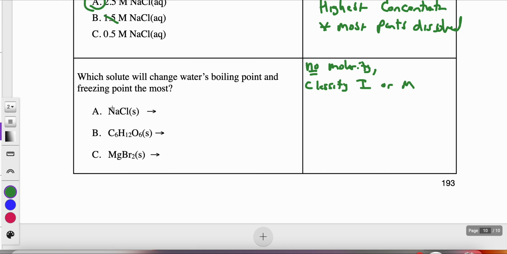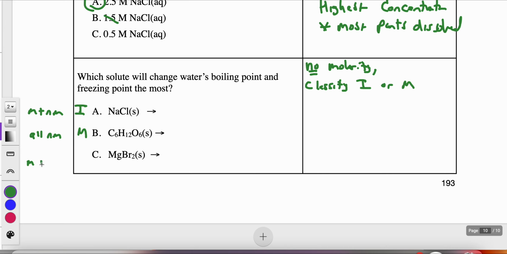So NaCl, metal, nonmetal. I understand that that is ionic because I have a metal plus a nonmetal. C, H, and O, they're all nonmetals, so I understand that this is a molecule. And now my last one, magnesium, is a metal. Br is a nonmetal.